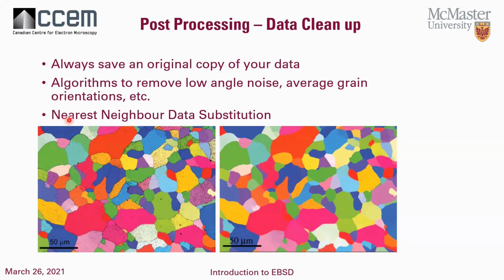But one of the biggest things that's done, especially in the Oxford system, is we look at the nearest neighbors of a zero solution where we don't have results. So anything here you see with a black dot. We look at the surrounding pixels and substitute in that orientation for where we didn't have any results. So you can see that we get a very nice picture if we do this data substitution.